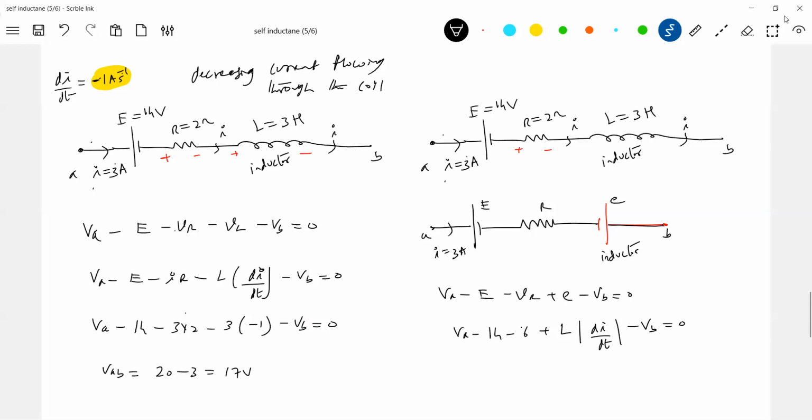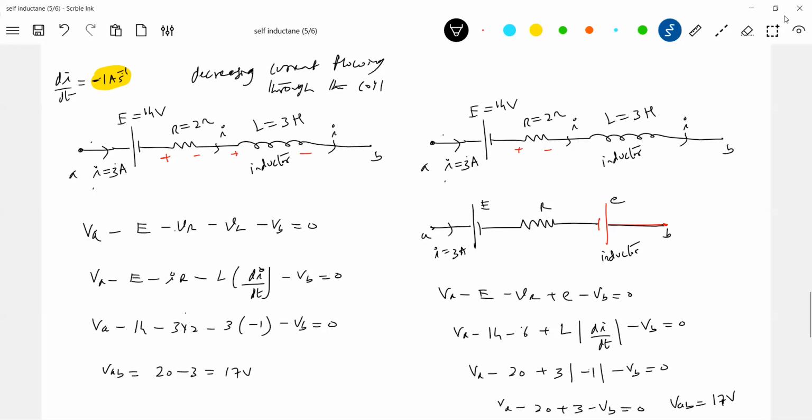Already we have taken care of it by replacing the polarity. Current is decreasing, minus 1, but it's a mod. Therefore VA minus 20 plus 3 minus VB equals 0. So VAB is equal to 17 volt.